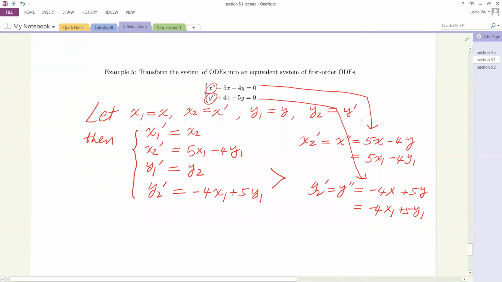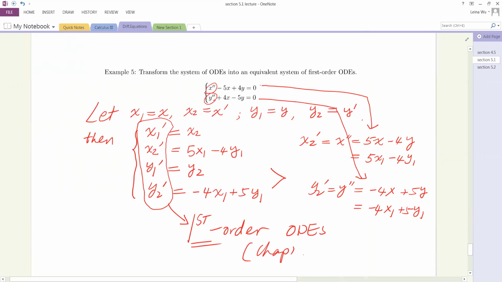Any questions? All right, notice that the reason we're transforming is all of these systems that we constructed after the conversion are first order ODEs, the first order ordinary differential equations. And remember in chapter 1, we talked about a lot of first order differential equations, right?